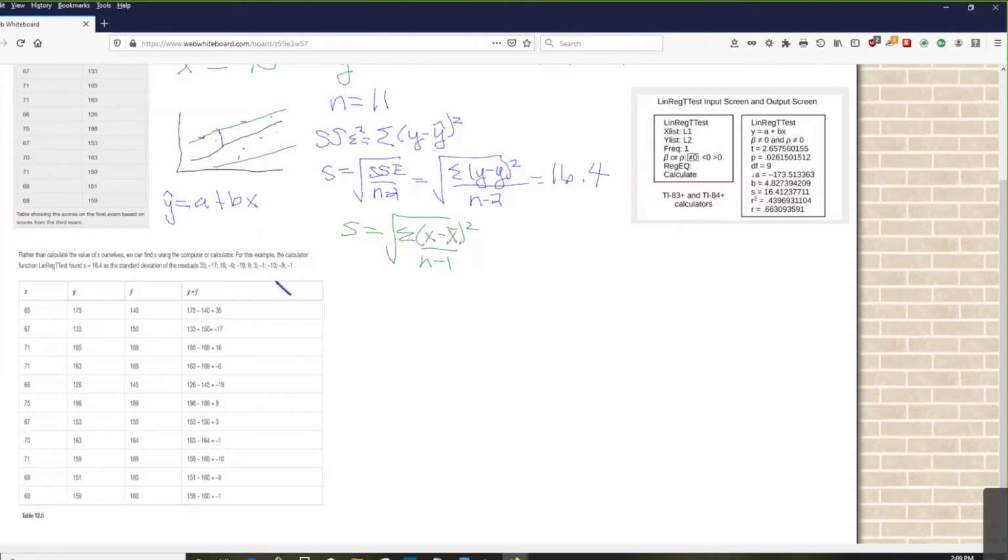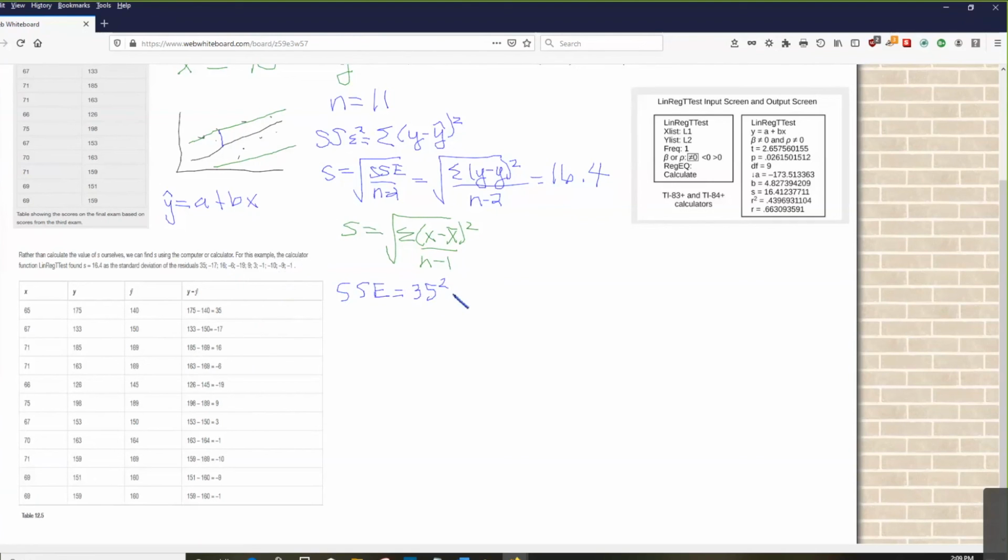So now we've got the epsilon. In order to get my sum of the squared errors, I'm going to take each of these differences, square them, and sum them.